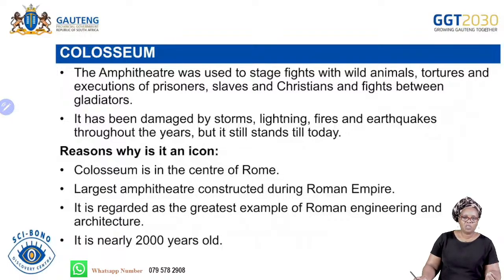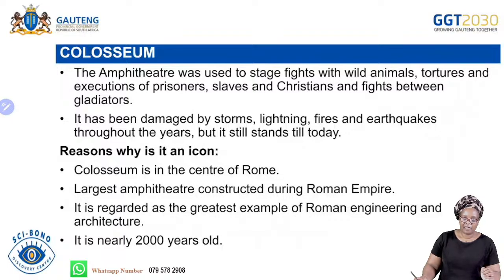And it was used again for tortures and executions of prisoners. People have been tortured in this Colosseum. People have been executed in this. You know, the prisoners there, there were executions of prisoners in this place.